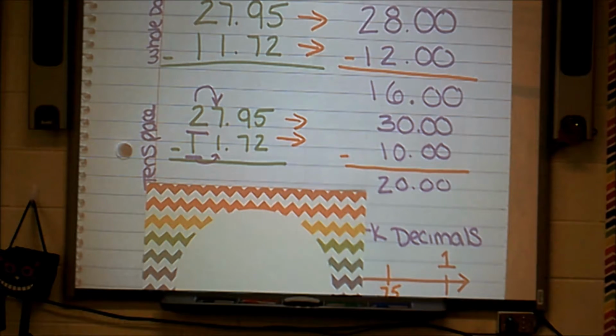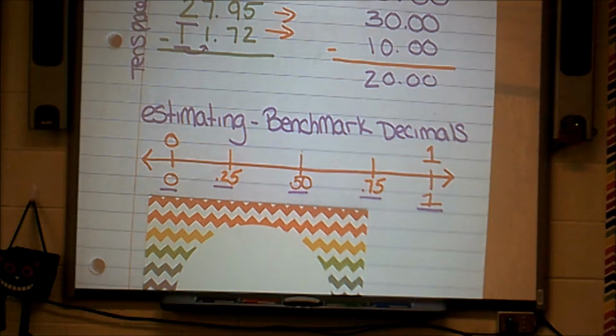In my opinion, those are both pretty simple ways to estimate decimal sums and differences. Let's look at something that's a little bit more different. We're going to be estimating using benchmark decimals. Now our benchmark decimals are very similar to quarters, as you notice.